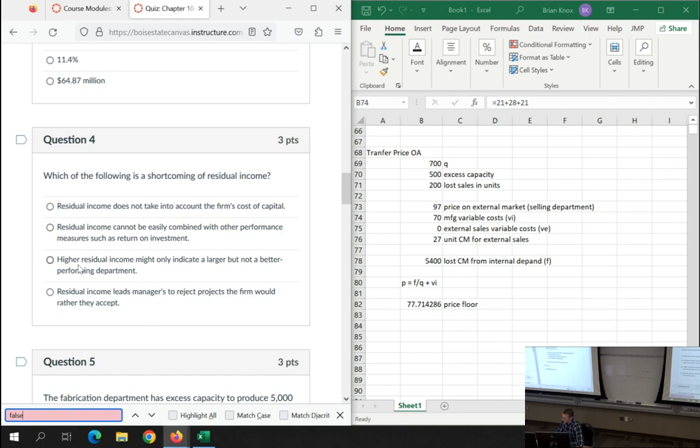C, higher residual income might only indicate a larger but not a better performing department. Okay, that's me being sneaky and saying it doesn't scale the same like ROI does. And that's something that is true from the textbook that we talked about in class. ROI's benefit is that you can compare things that otherwise wouldn't be comparable.